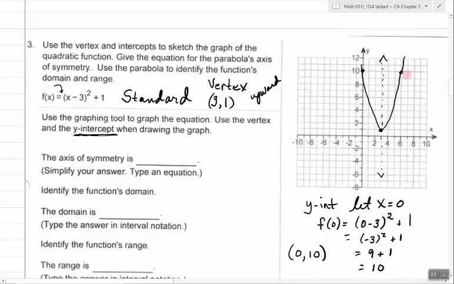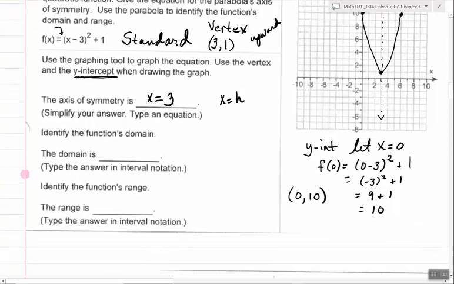All right. So I have my graph. I'll do one in my Math Lab in a minute. The axis of symmetry, it is an equation. It is x equals. Super easy. It's x equals h. Well, the h is 3, so it's x equals 3. The domain. The domain, you don't even have to think about it.